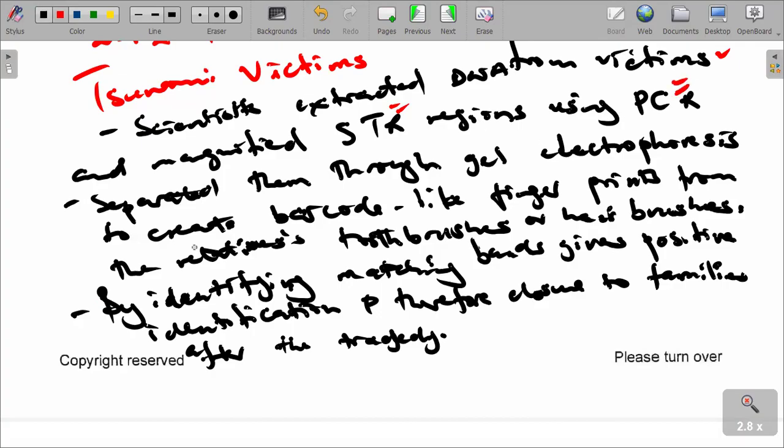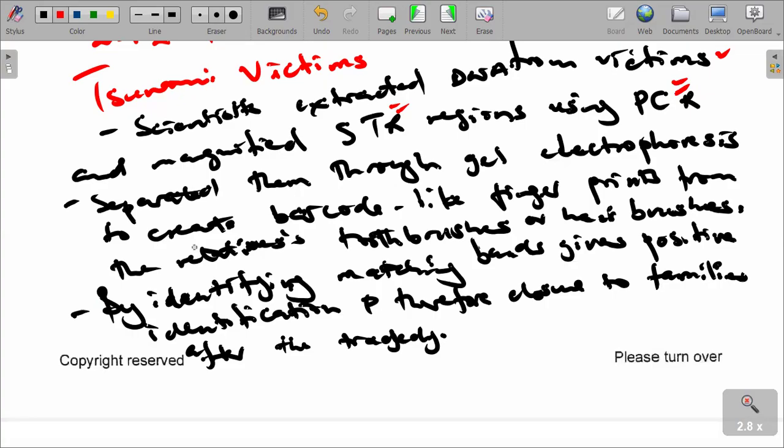The polymerase chain reaction, I'm sure you remember, is a rapid and fast analysis of DNA. It is a laboratory technique used to amplify specific regions of DNA so that small and degraded DNA samples can be analyzed.